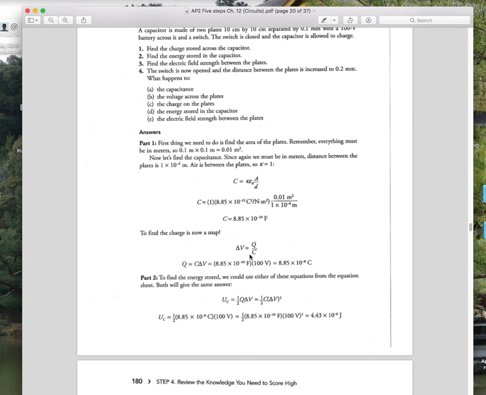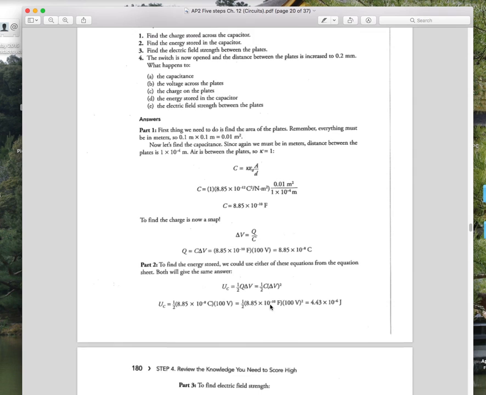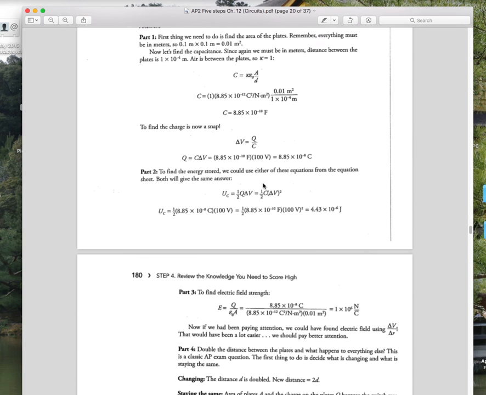Because Q is equal to delta V times C. So that's how you get the V squared. That's the most common way I've seen of figuring out energy stored in a capacitor.